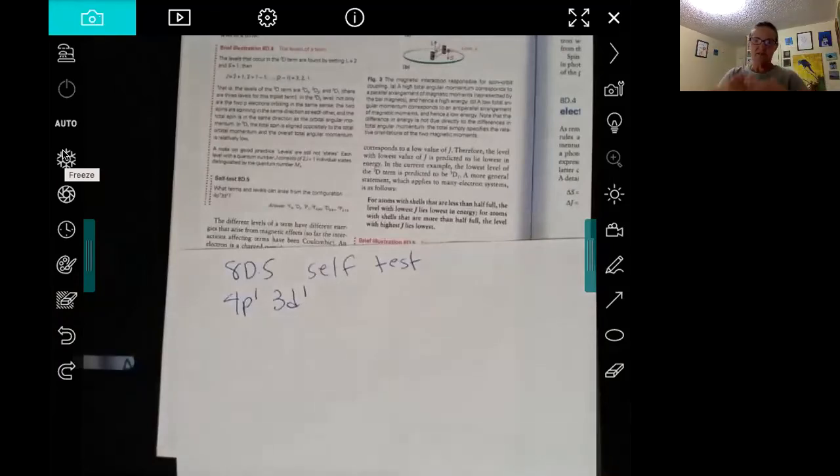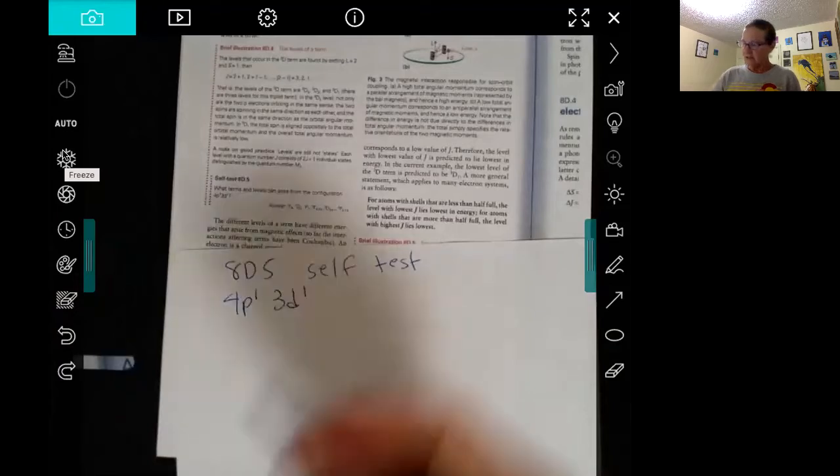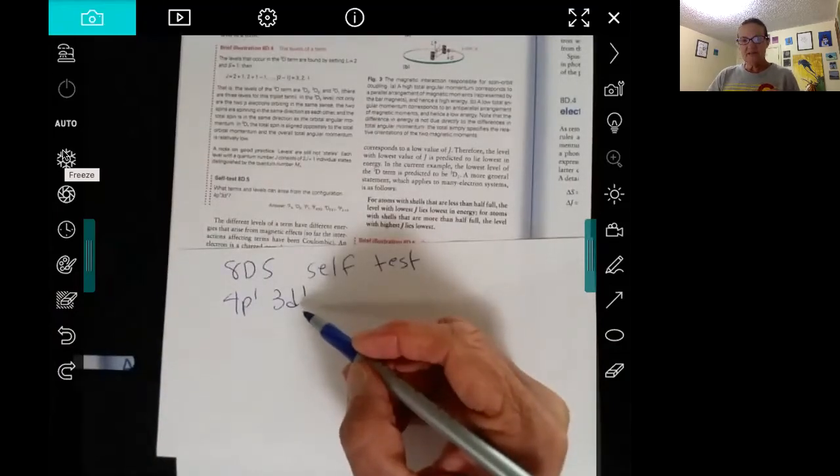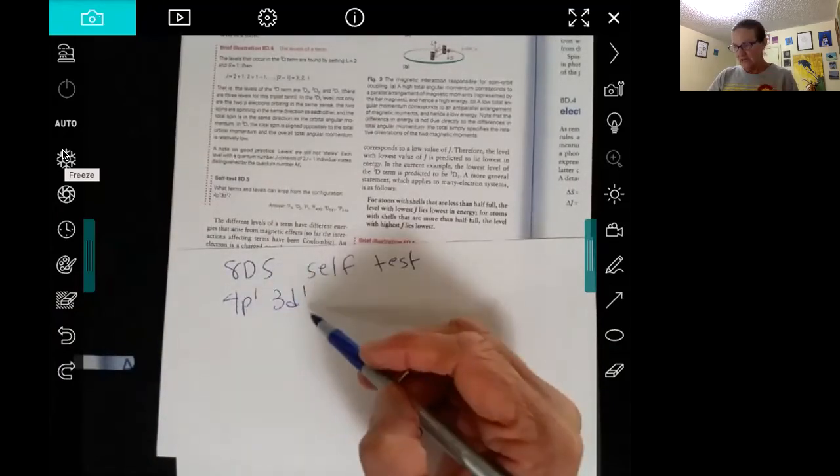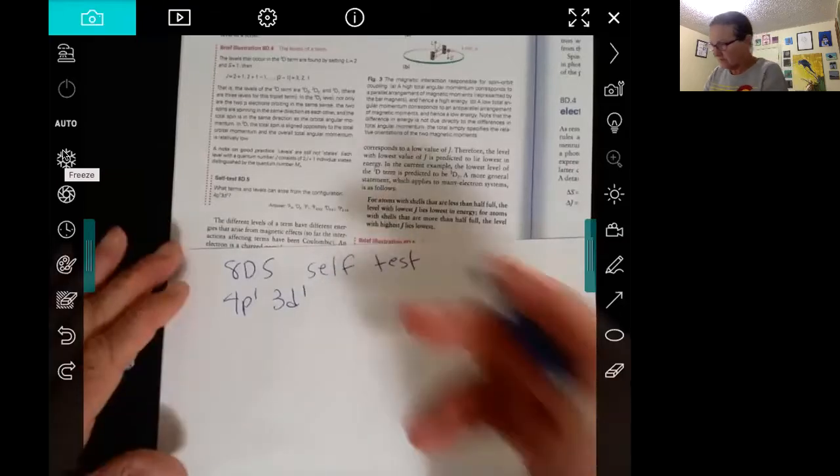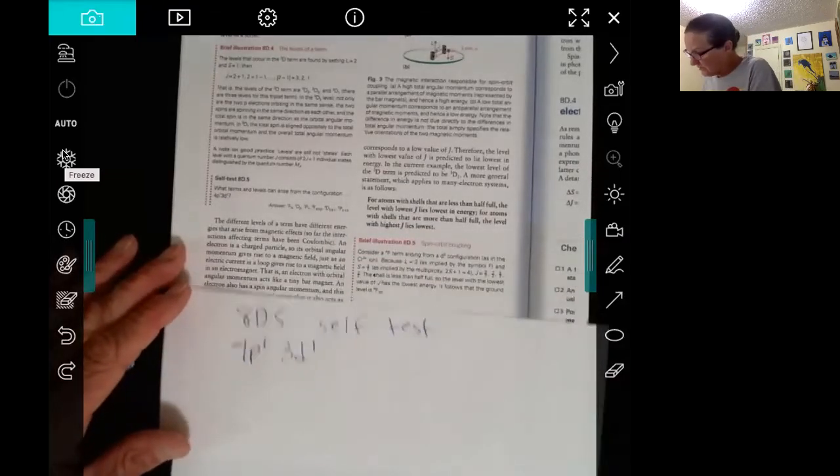You could make a transition to or from that level. But this process of looking at how the angular momentums pair shows you that that's actually split. There's more than one energy level within this, based on the fact that the angular momentums can pair in different ways. So let's look at how we can pair them.